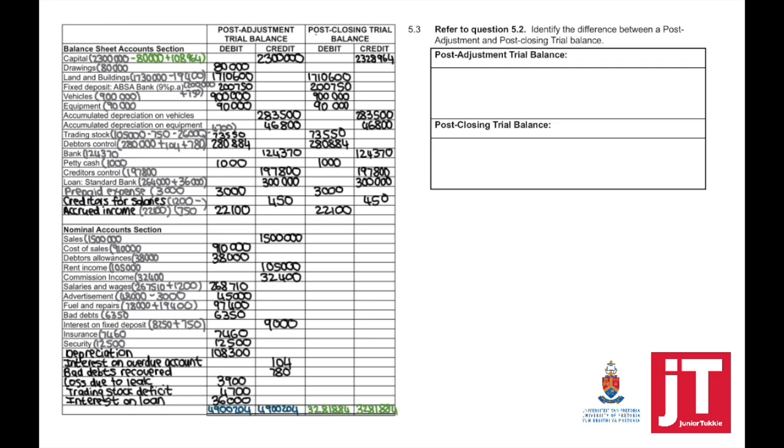If I look at 5.3, it says refer to question 5.2 and identify the differences between the post-adjustment and the post-closing. So this is exactly what I've just mentioned. If we look at the post-adjustment trial balance, it's drawn up after all the adjustments have been considered, and it consists of the balance sheet account section and the nominal account section.